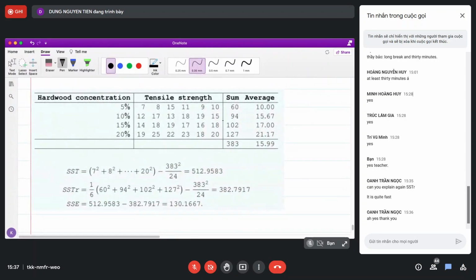Okay, so you get 7 squared plus 8 squared plus 15 squared plus 11 squared plus 9 squared plus 10 squared plus 12 squared, 17 squared, 13 squared, 18 squared, up to 20 squared, minus the x squared.